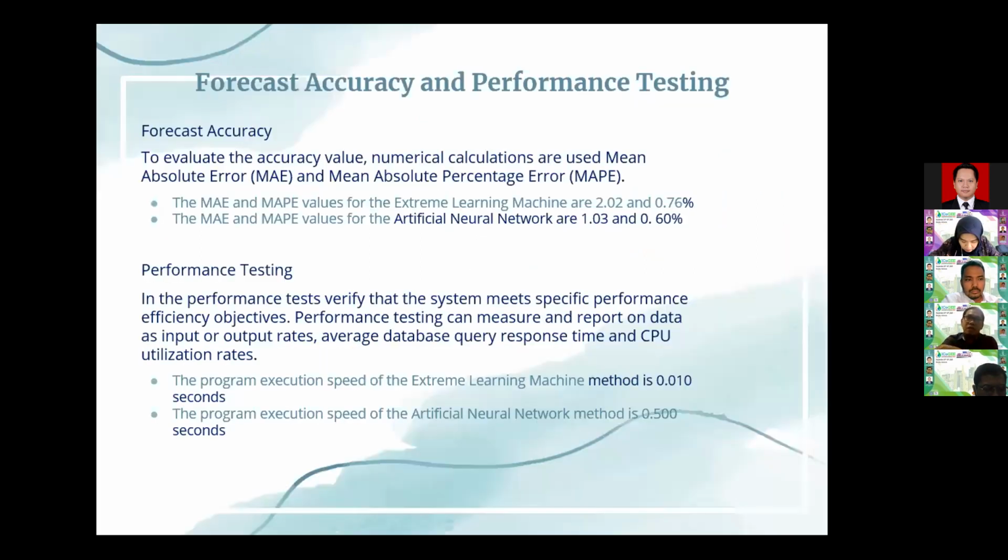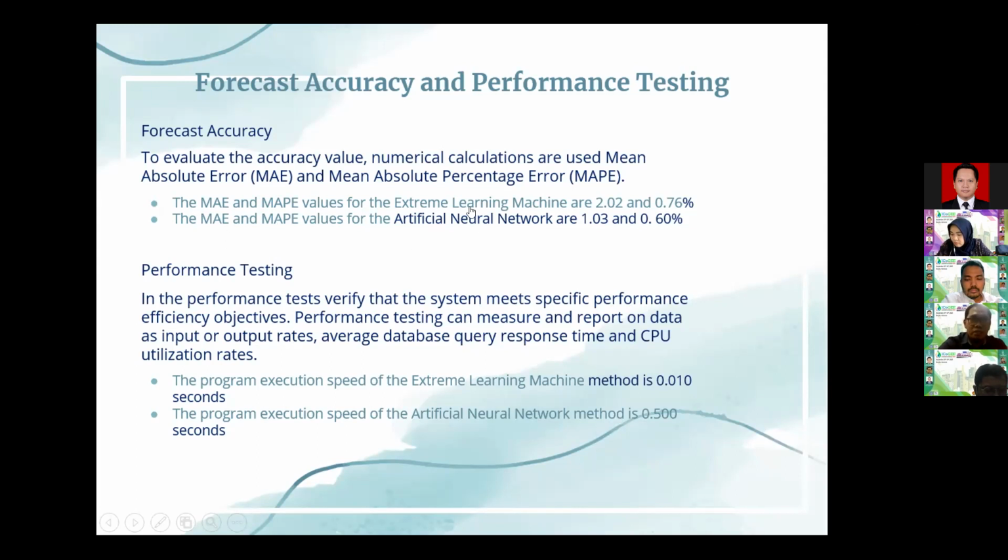For accuracy and performance testing, for accuracy I use the indicators MAE and MAPE. MAE is the mean absolute error and MAPE is the mean absolute percentage error.